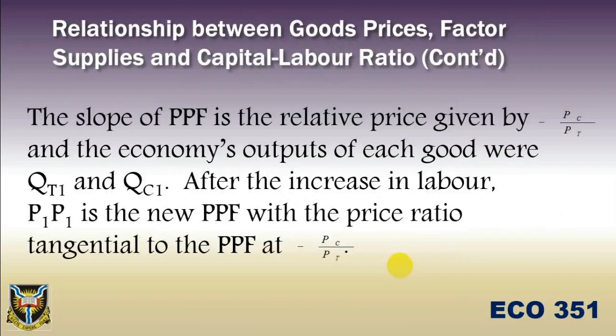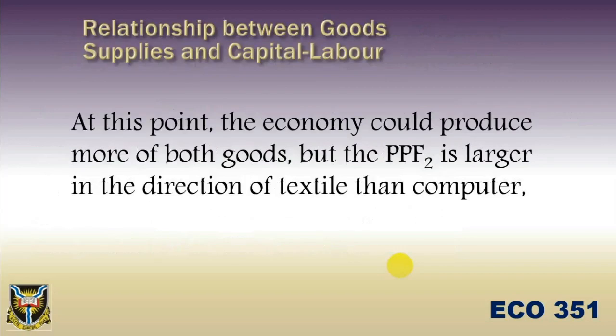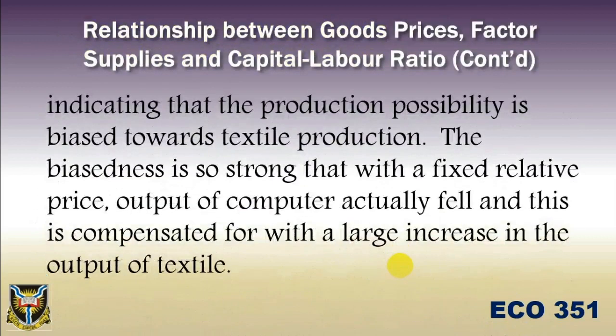After the increase in labor, PPF2 is the new PPF with the price ratio tangential to the PPF at PC over PT. At this point, the economy could produce more of both goods, but PPF2 is larger in the direction of textile than computer, indicating that production possibility is biased towards textile production.